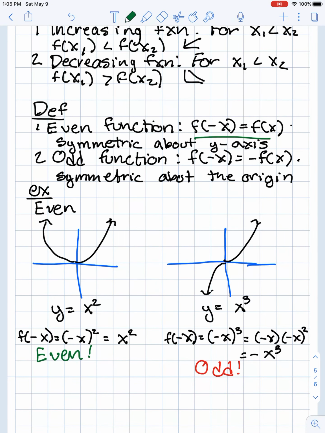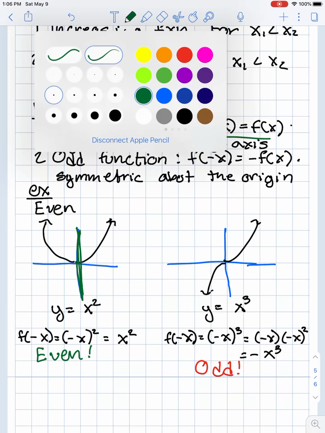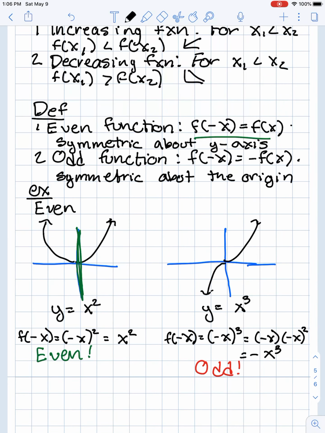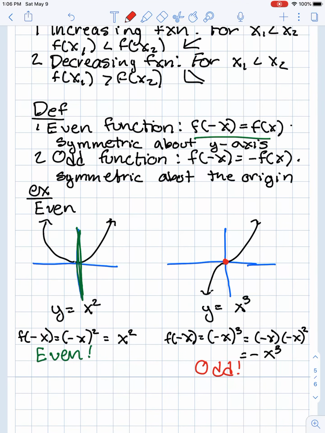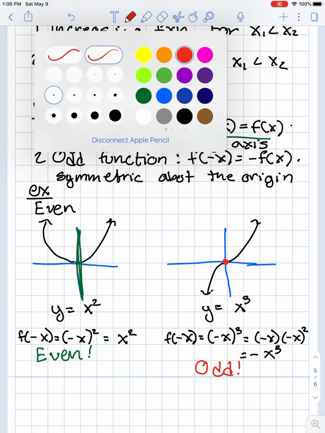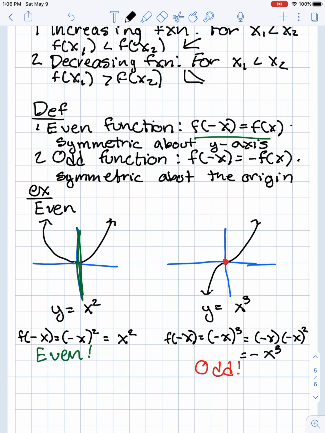So you can see here the y-axis is this guy right here. And we can easily see that that is pretty symmetric around that gray line. The origin is 0, 0. So if you see right here, if I rotate this, I'm going to get the same exact picture. So the negative version of this is this. Okay?